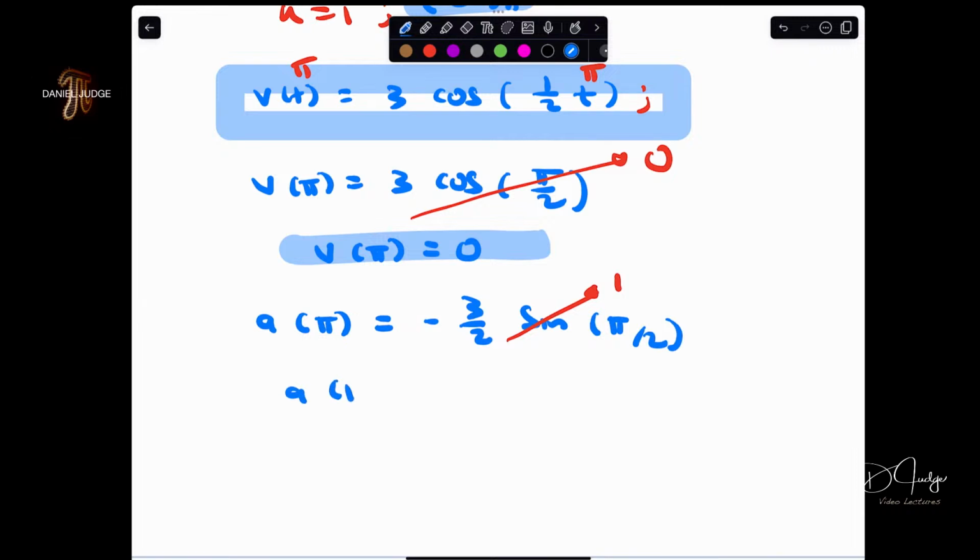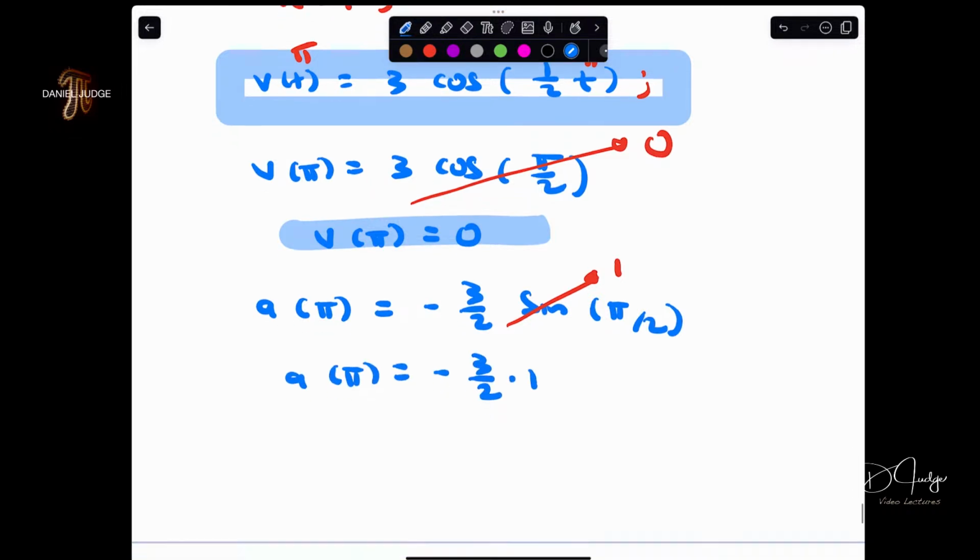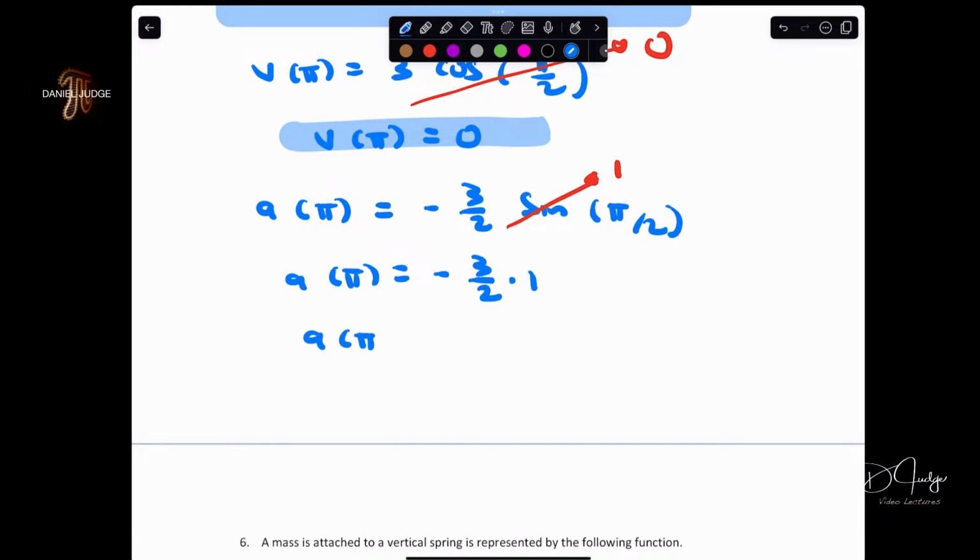So your acceleration, ladies and gentlemen, is minus 3/2 times 1, or we're going to simply say this is negative 3/2. Now, this is going to be, I guess, centimeters per what? Second squared. This is 0 centimeters per second. So let's keep that there.